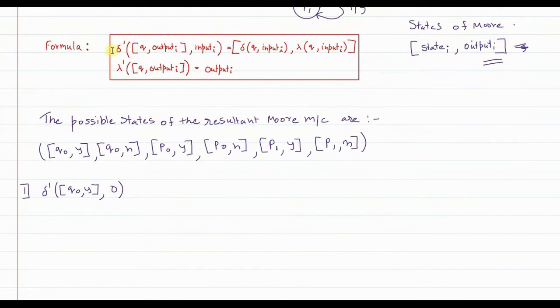So del dash of Q0, y. Now my current state is Q0 comma y; whatever I have written here in the square bracket in the formula happens to be the state of the resultant Moore machine.